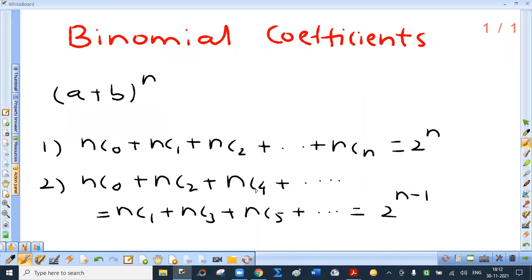And NC1, NC3, NC5 are called odd coefficients. Usually we drop this prefix n and we say that C0 plus C2 plus C4 plus dot dot equals C1 plus C3 plus C5 plus dot dot. Each sum is 2 raised to n minus 1. It is quite logical. We prove the second result from the first result.